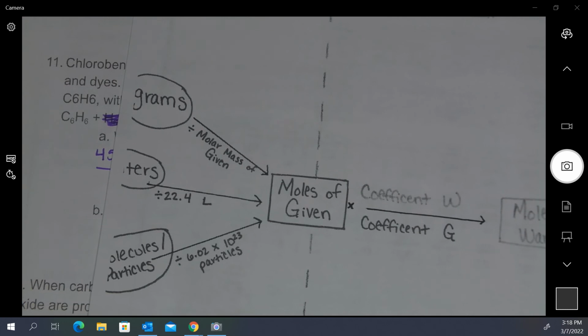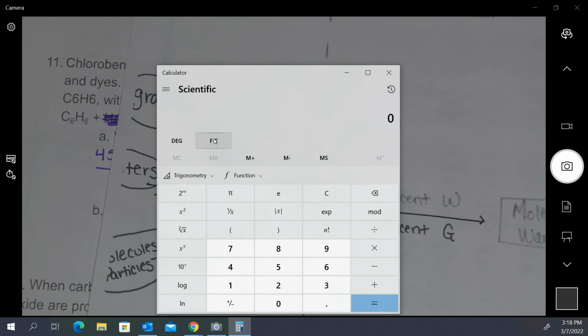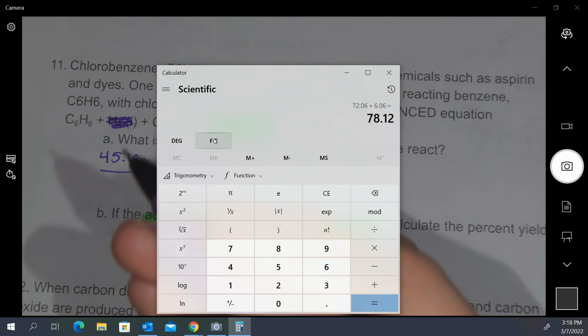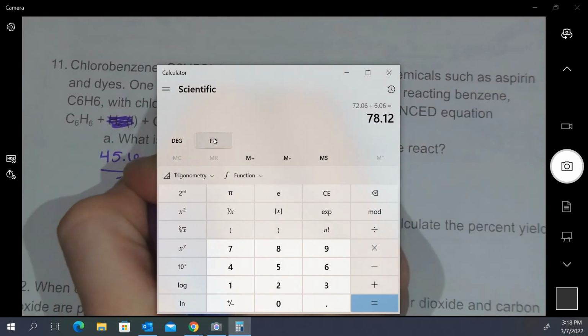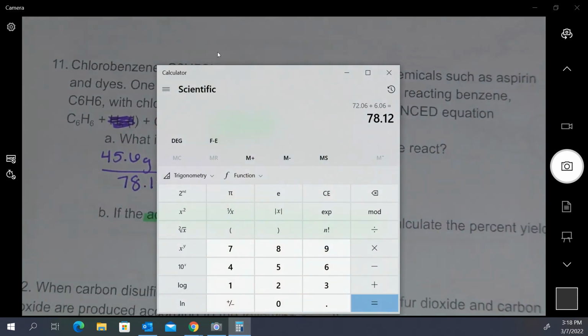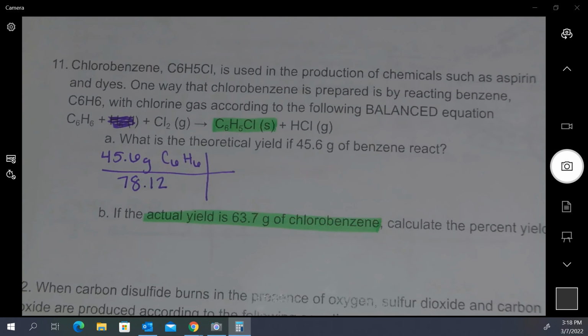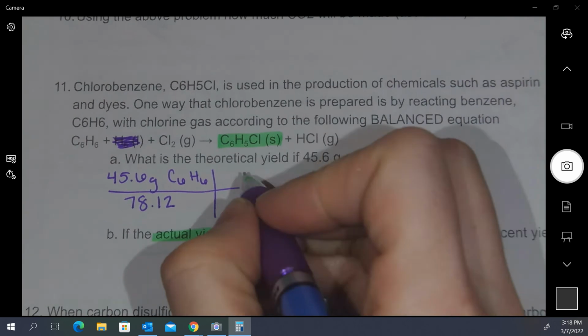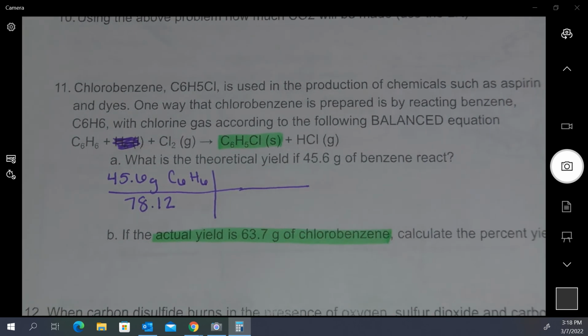Divide by the molar mass. 12.01 times 6 plus 6.06 gives us 78.12. So our molar mass is 78.12 for our benzene. I want chlorobenzene.